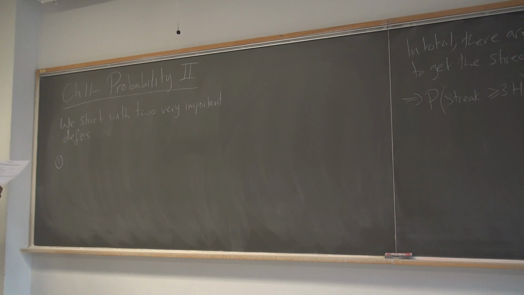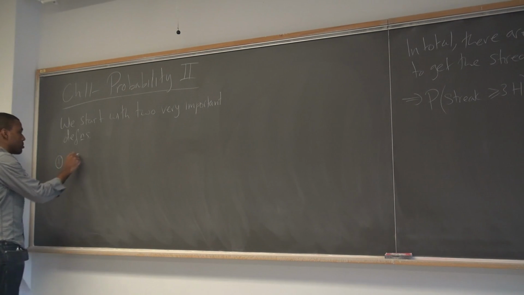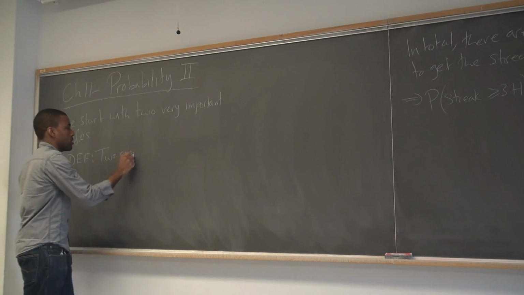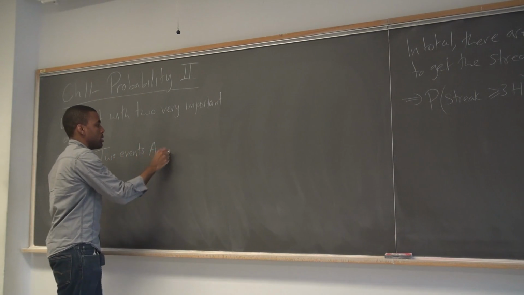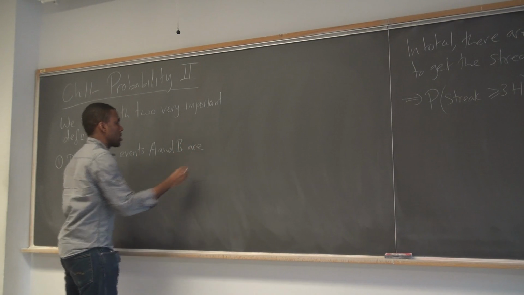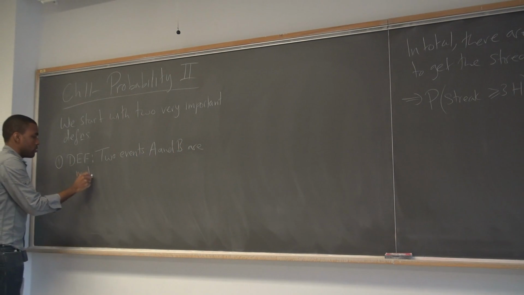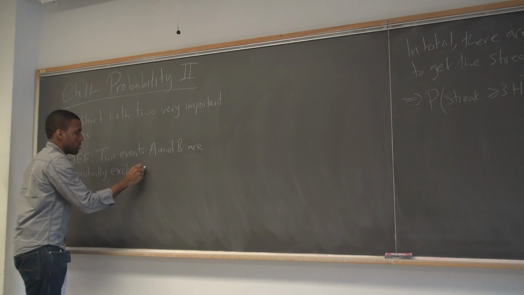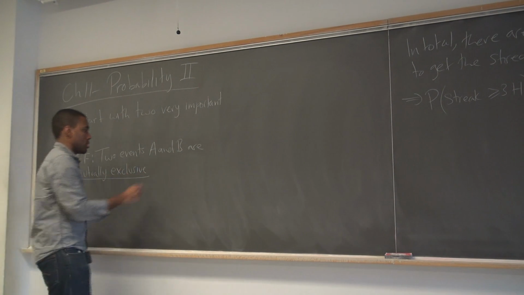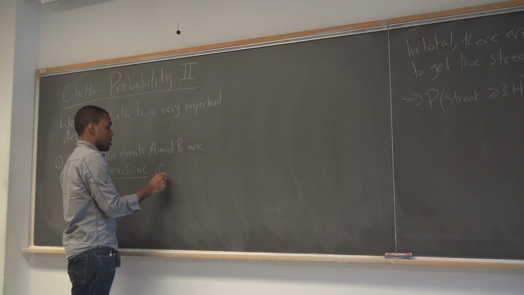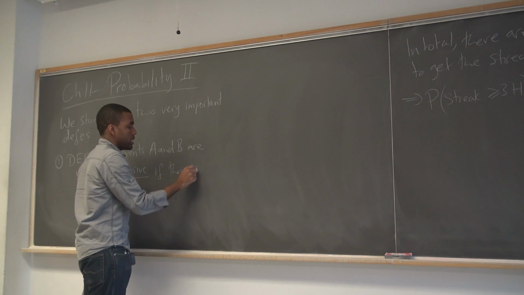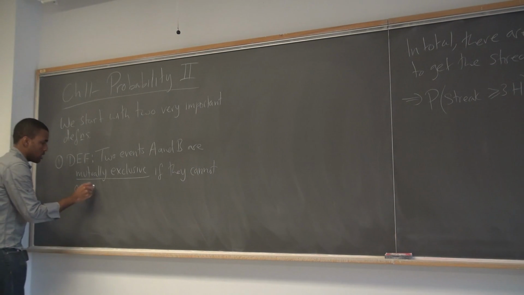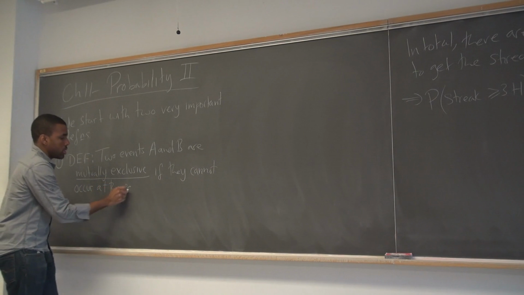Mutually exclusive and independent definition. Two events, A and B, are mutually exclusive if they cannot occur at the same time.